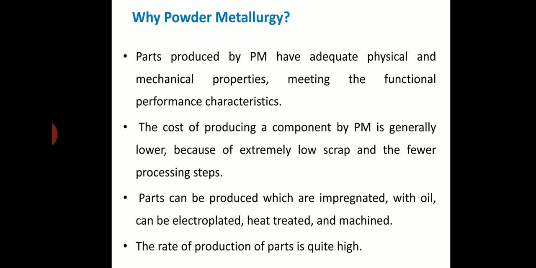Parts can be produced which are impregnated with oil or plastic or infiltrated with a lower melting point metal. They can be electroplated, heat treated, and machined if necessary. The rate of production of parts is quite high, a few hundreds to several thousands of parts per hour. So, this is the importance of powder metallurgy, why it is needed.